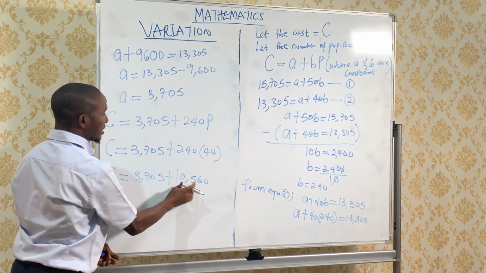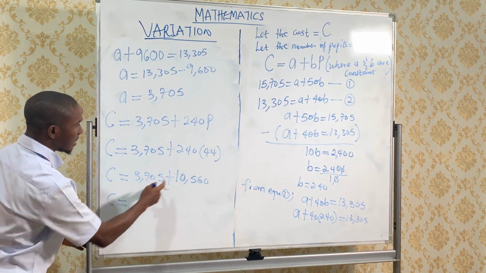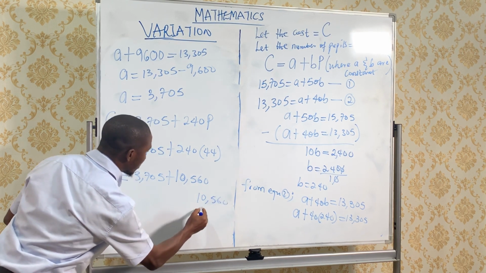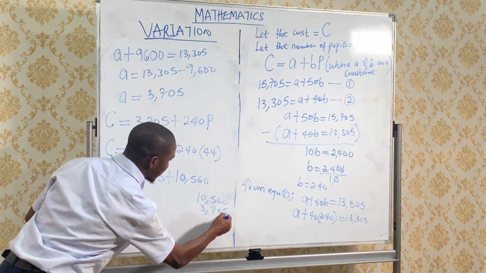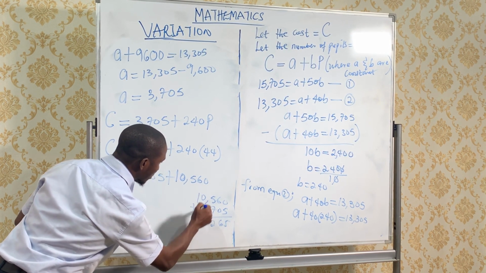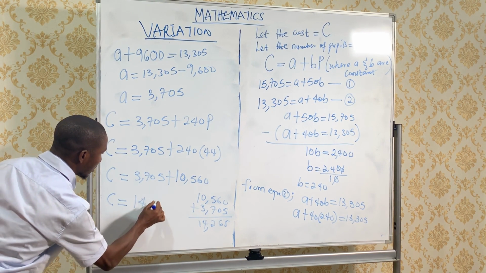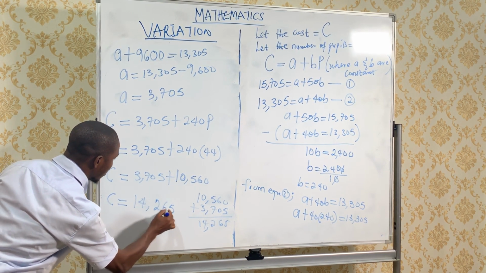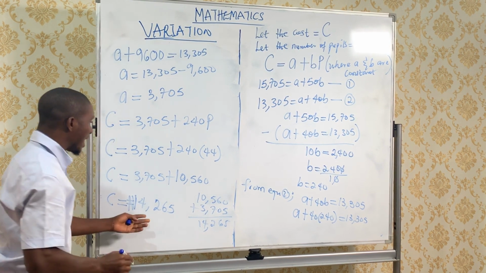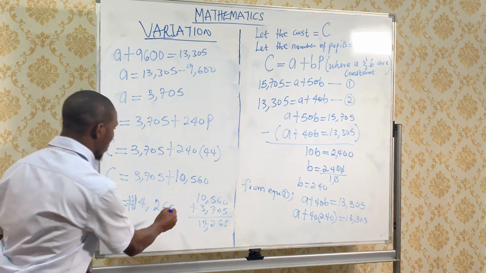By the time we add these two together, 10,560 plus 3,705, we have 14,265 naira. So 14,265 naira will be the cost for maintaining the school.